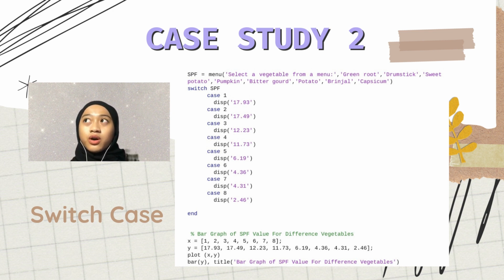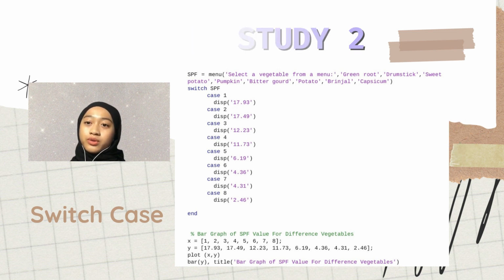So we can say that green root is much better compared to the others because it has the highest SPF values, which is good for our skin.